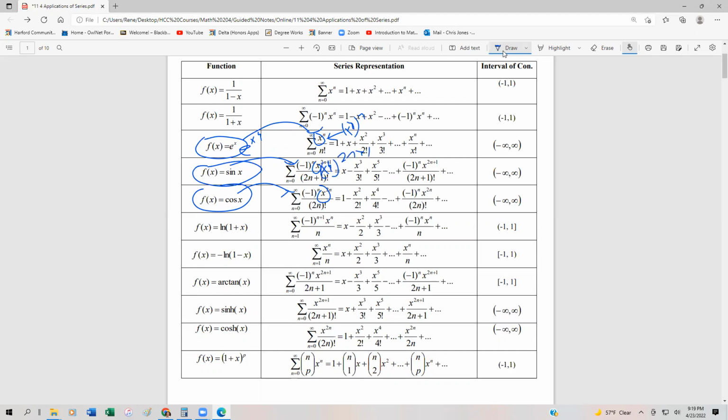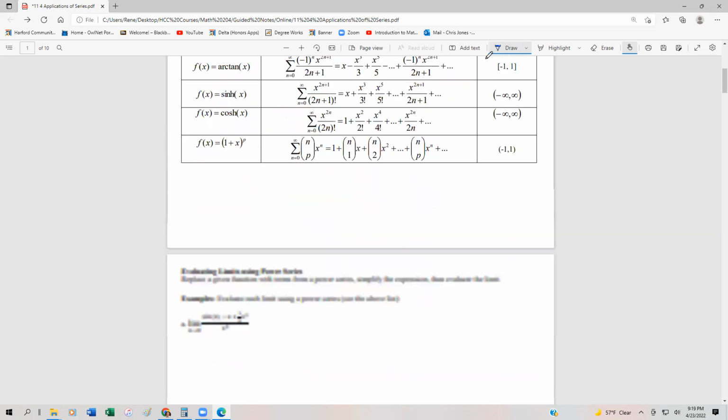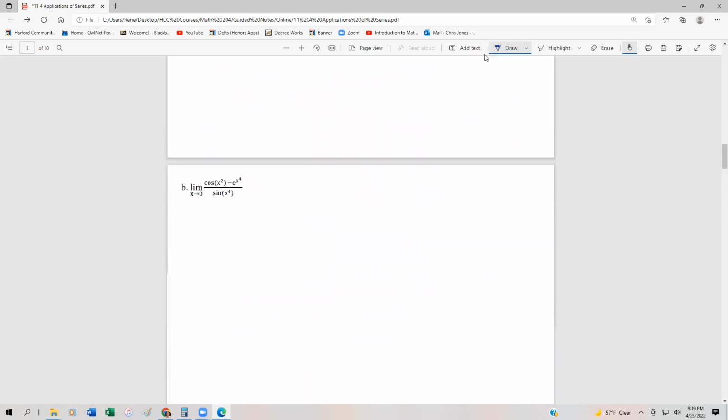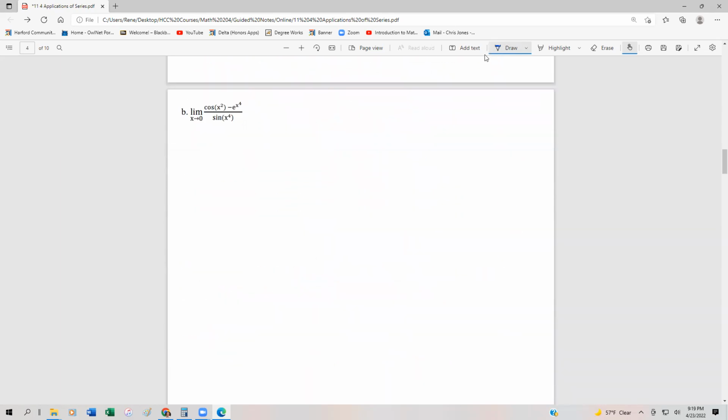And then this was cos of x squared. Then we're just going to plug in x squared to the 2n. And I'm just going to write these out below. Okay, so back here, cos of x squared is going to be equal to the series n equals 0 to infinity of minus 1 to the n times x squared to the 2n divided by 2n factorial, right?